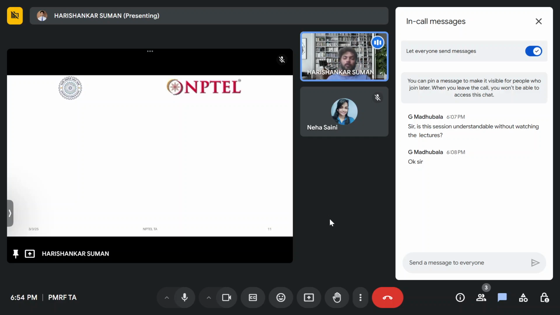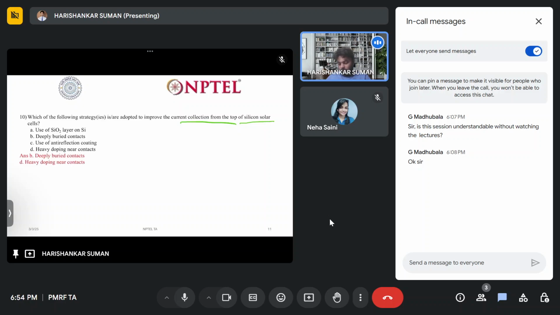Next question. Which of the following strategies are adopted to improve the current collection from the top of the silicon solar cell? Use of silicon dioxide layer on silicon, deeply buried contact, use of anti-reflection coating, heavily doped near contacts. So for this, deeply buried contact and heavily doped near contact.